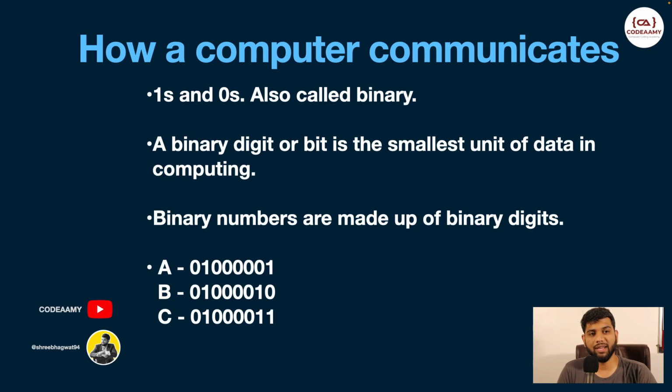As you can see on the screen, I have displayed a few examples of binary digits. You can see A is an 8-bit binary number, 0, 1, 0, 0, 0, 0, 0, 1. Wherever there is A, the computer will convert that A into the binary number that represents A. That is how a computer comes to know that this binary number means A, and this is how the computer compiles.